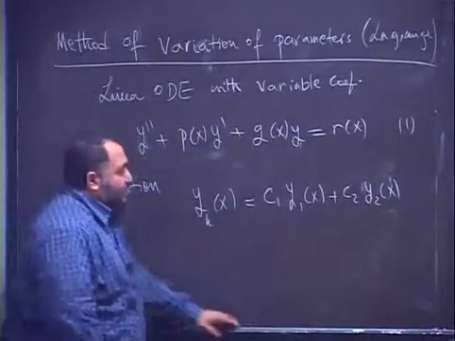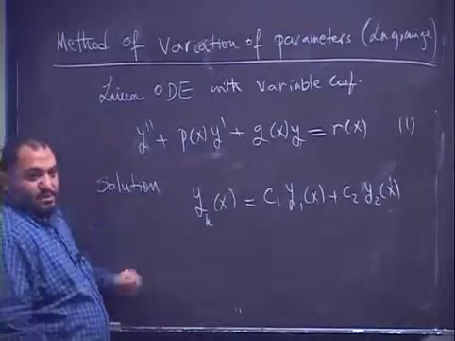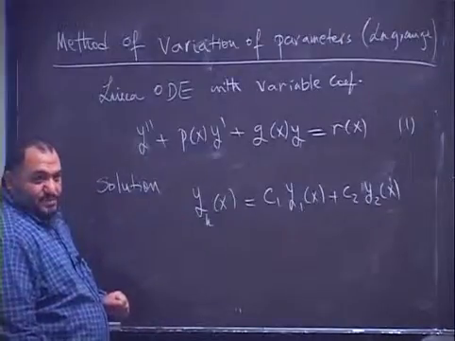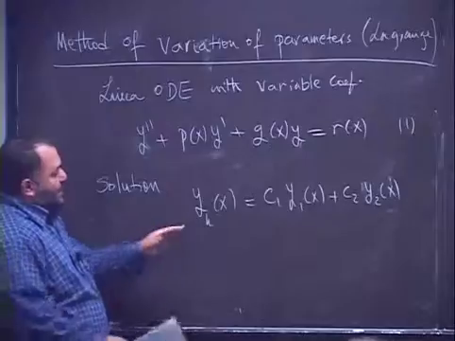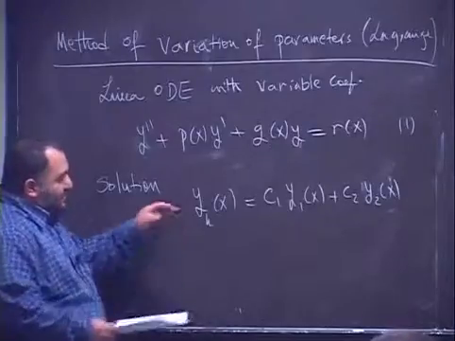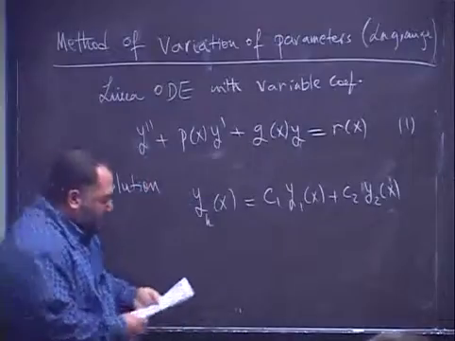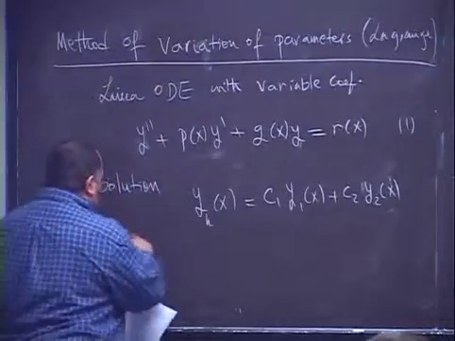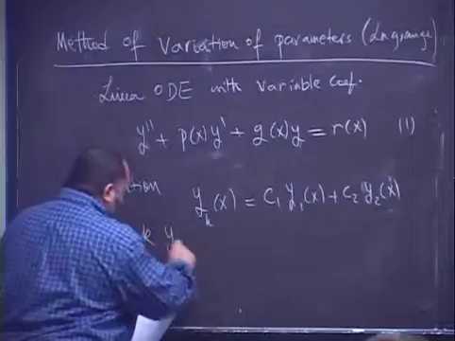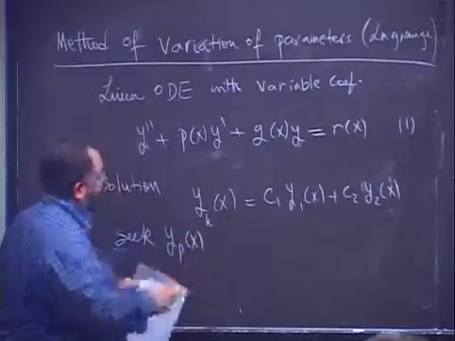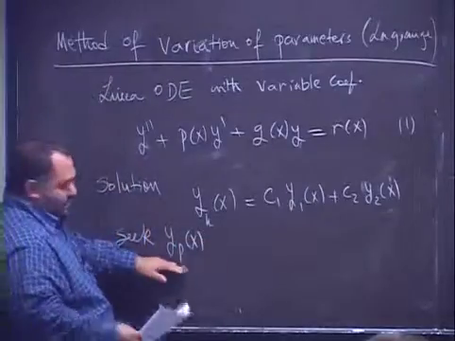This is the homogeneous equation solution. Okay? So once we solve the equation and find out what y1 of x and y2 of x are, we will seek a particular solution. This is the method of variation of parameters.